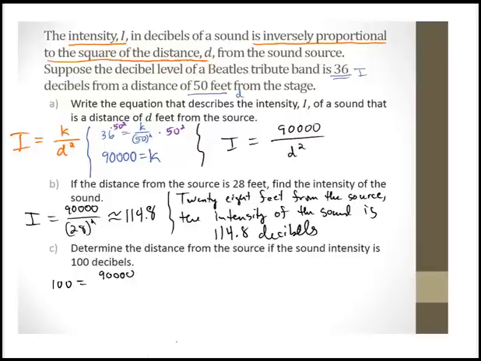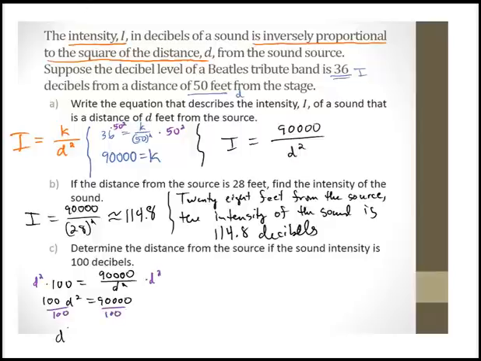90,000 over d squared. Let me multiply through both sides of the equation by d squared. So then 100 d squared is 90,000. I'll now divide through by 100.